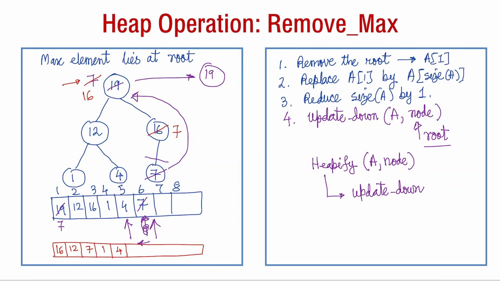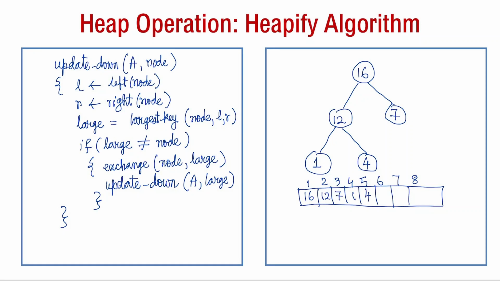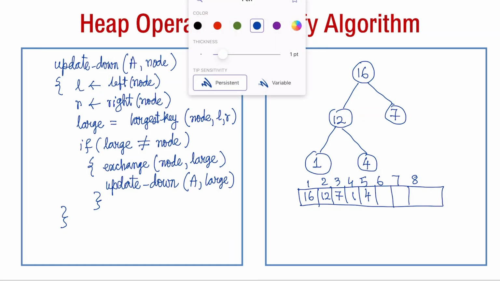After this step, we had done this. So this would be 16, 12, 7, 1, 4. Now if I apply remove max on this, then what will happen?